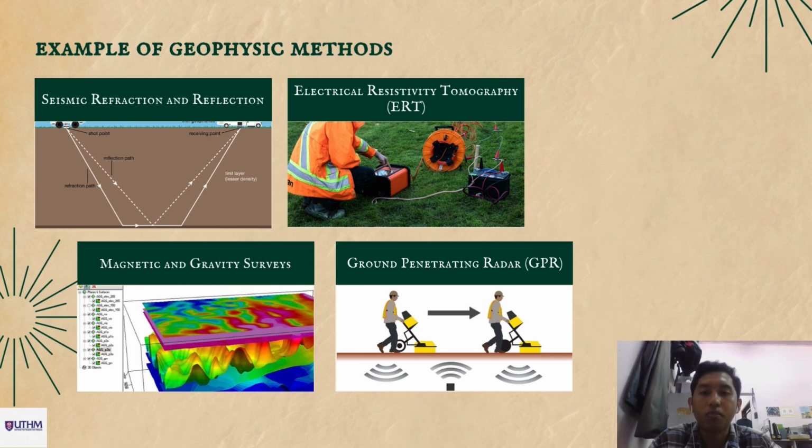Number three is ground penetrating radar (GPR), which uses a radar pulse to image subsurface structures. And the last one is magnetic and gravity surveys, which detect variations in the Earth's magnetic field or gravitational field to infer geological features.